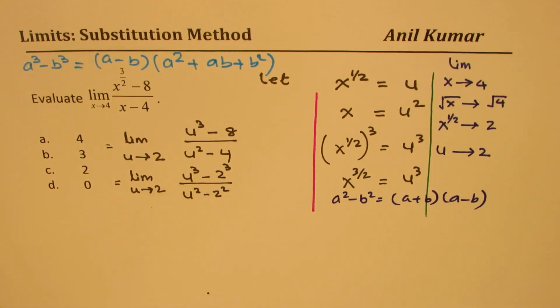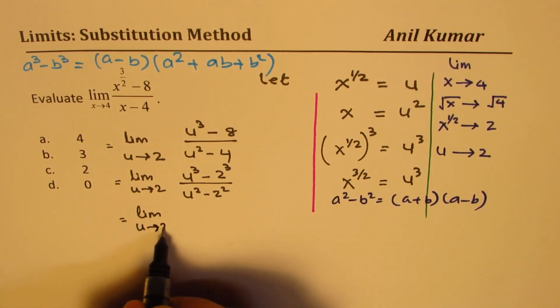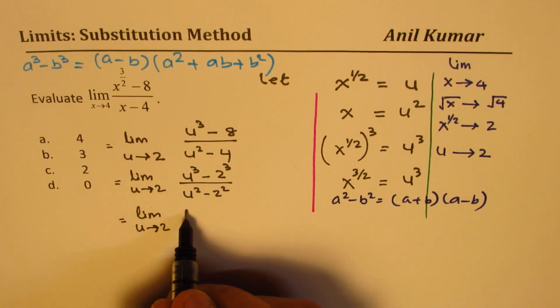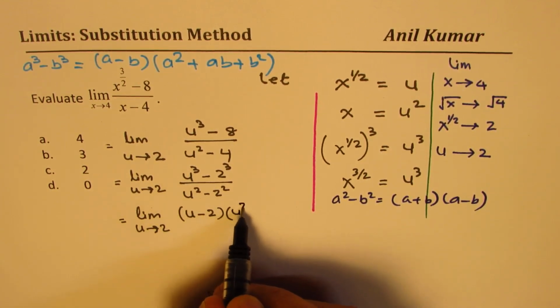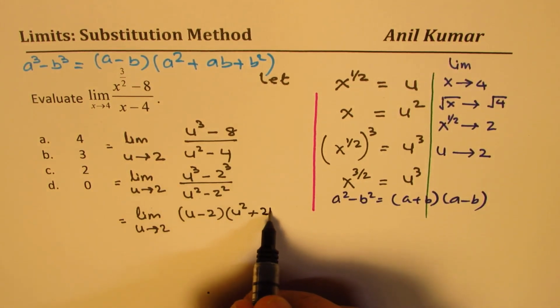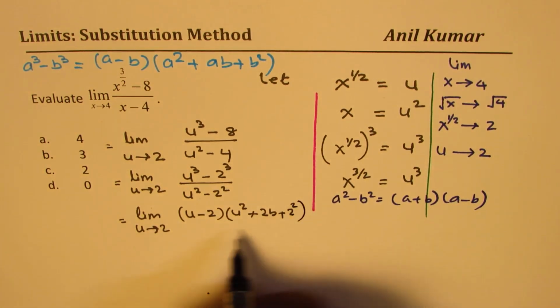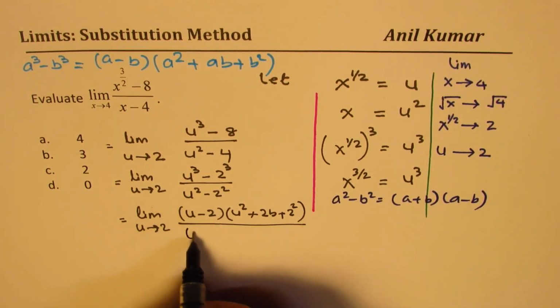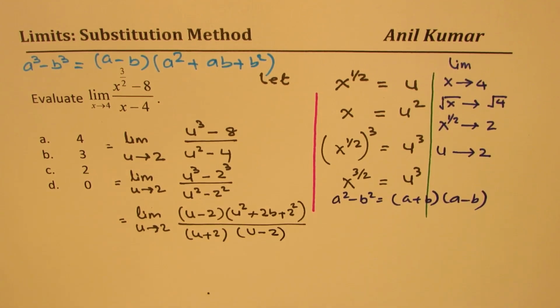So we can factor both numerator and denominator. Perfect. So we get the limit as u approaches 2. The numerator will now be written as u minus 2 times u square plus ab, which means 2u, plus b square, which means 2 square, divided by u plus 2 times u minus 2, correct?